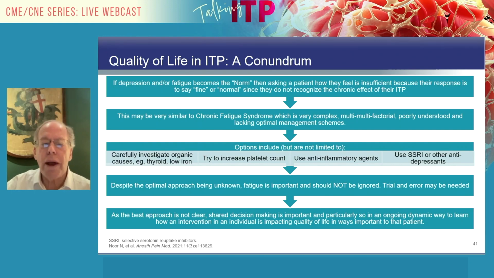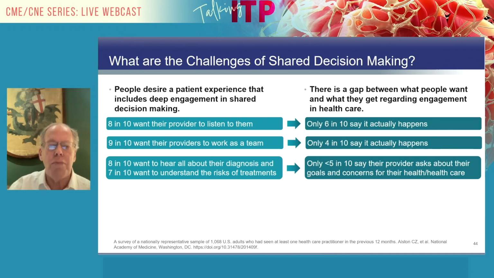Just because we're not great about it doesn't mean it should be ignored. And if necessary, you may need to help your patient with trial and error to see what will work for them. And this again emphasizes shared decision-making, and particularly in a dynamic way to help the patient understand what they can do to make themselves better.